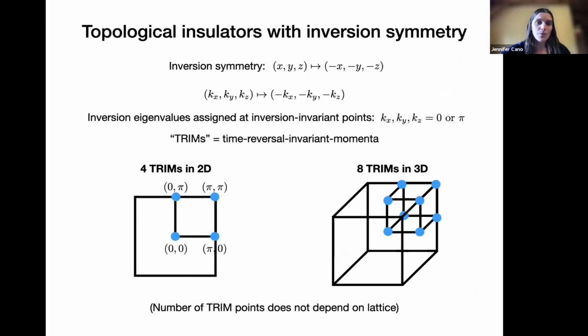These are the same as the TRIM points. Inversion invariant means the same thing as time reversal invariant, because time reversal also takes k to minus k. In 2D, there are always 4 TRIM points, and in 3D, there are always 8, and this doesn't depend on the type of lattice.